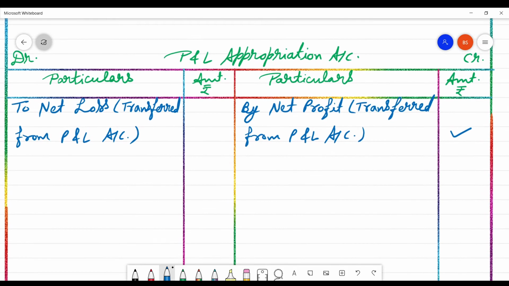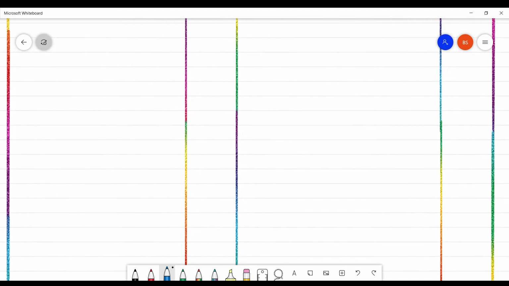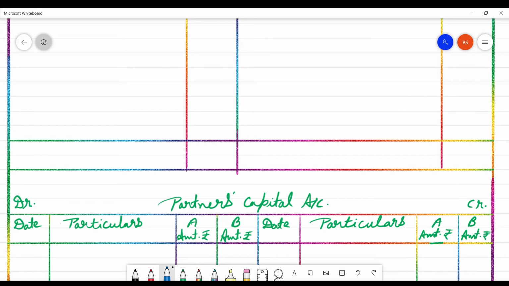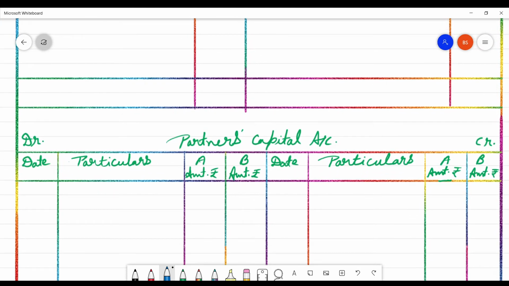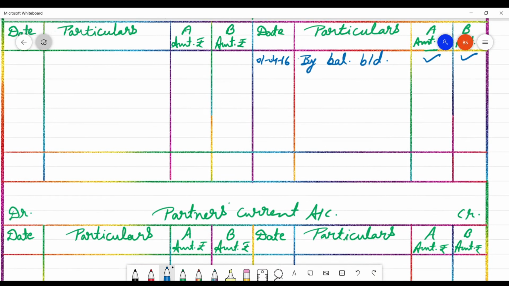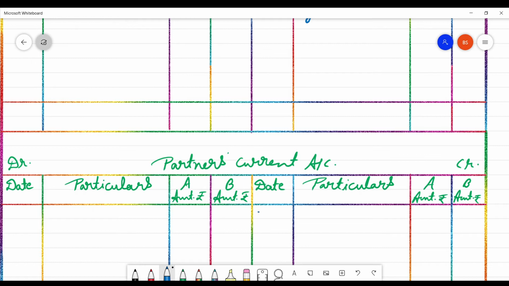After that, you have to write down the balances of the capital accounts as well as current accounts. So you have to write down the capital account's balance on the credit side of the partner's capital account on the given date, by balance brought down, and the current account's balance.